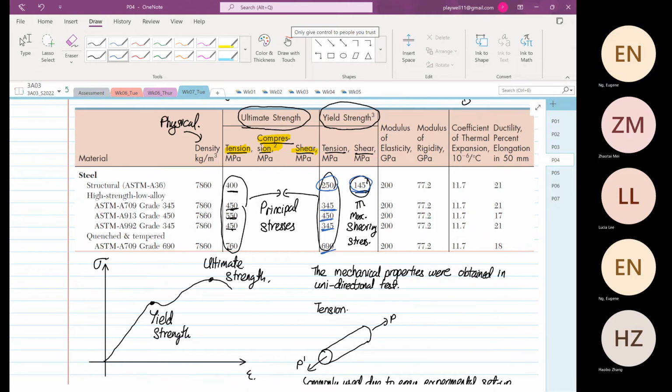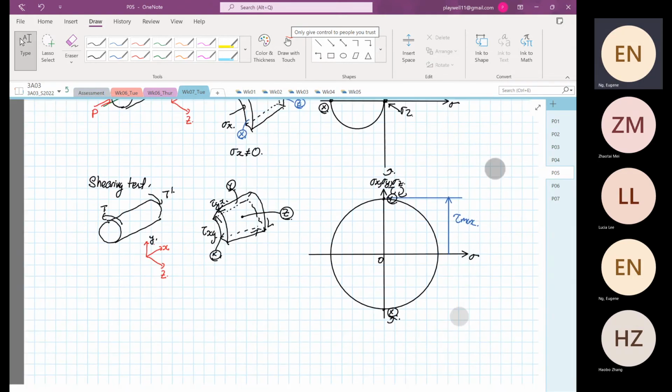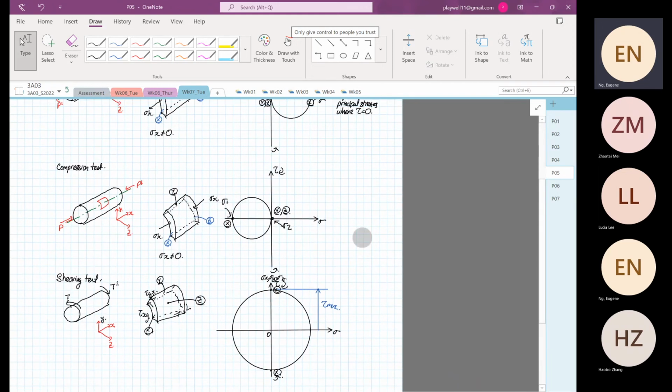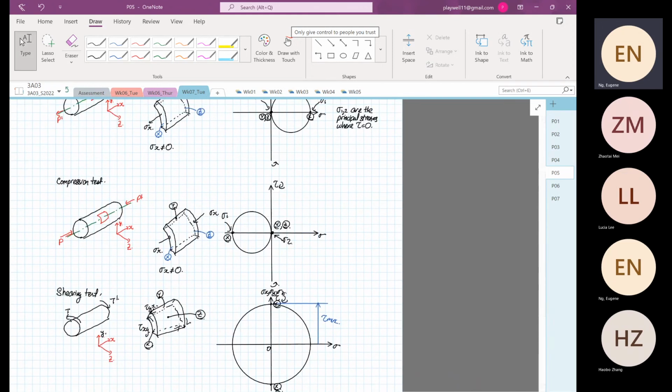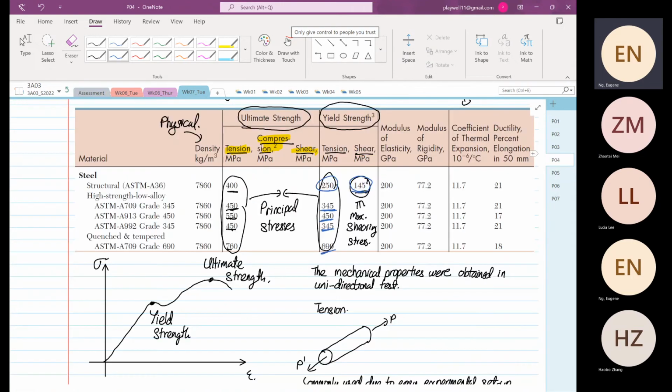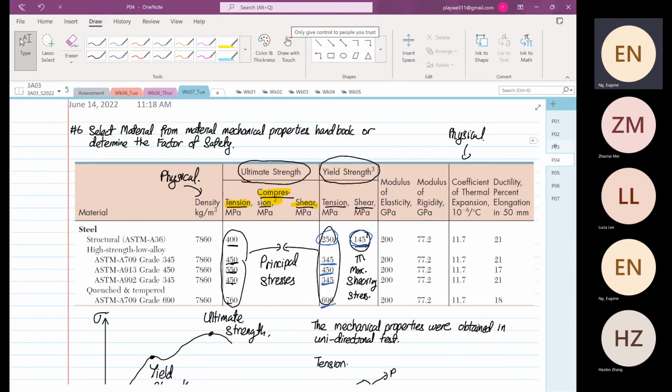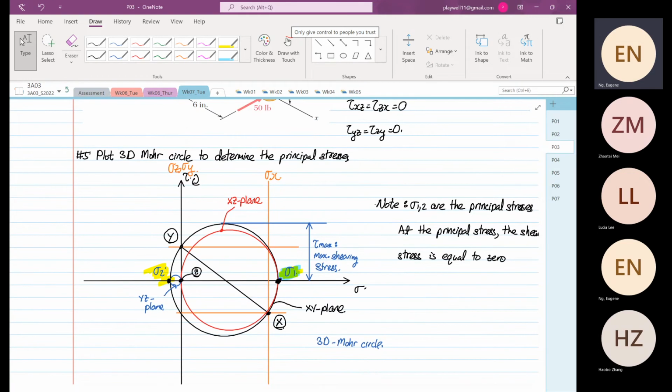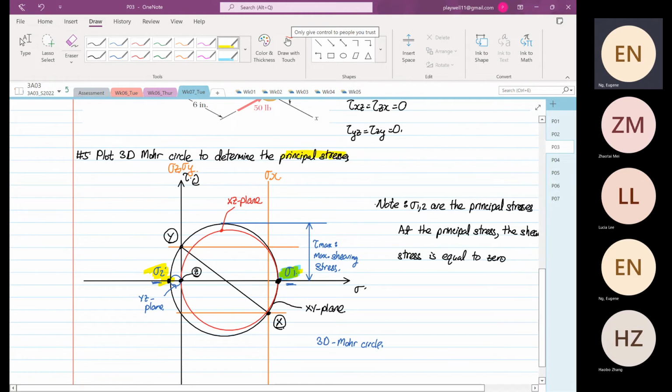Okay. So now you can see how from the material handbook, we can find that the material handbook is reporting on the principal stresses. That is why it's critical for us, in our structure, to also determine what? Principal stress. At the end of the day, we want to determine what? The principal stresses.